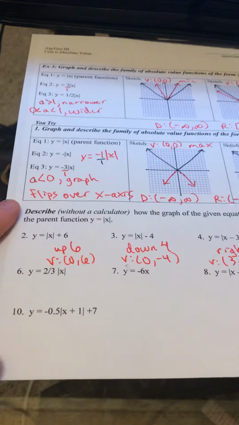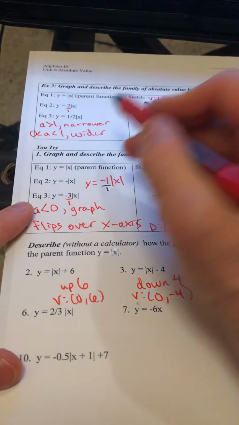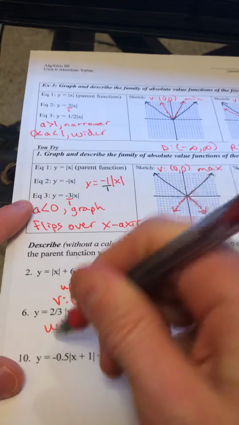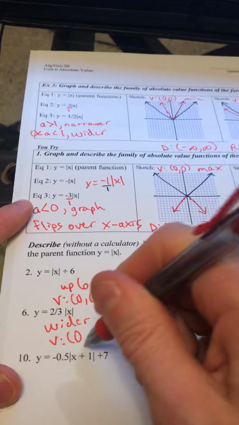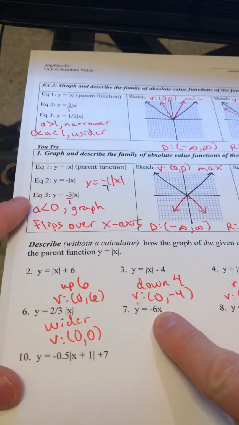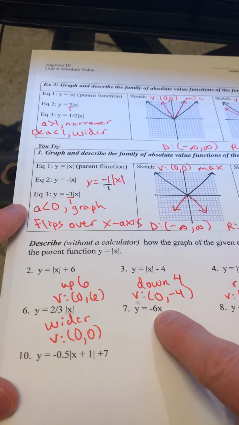2/3. When you have an a value, because it is now less than 1, the graph is going to be wider. If all you do is make a graph wider, vertex doesn't change. Now, y equals negative 6x. This is one that's good to talk about.